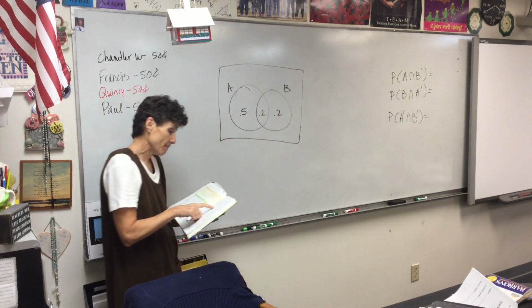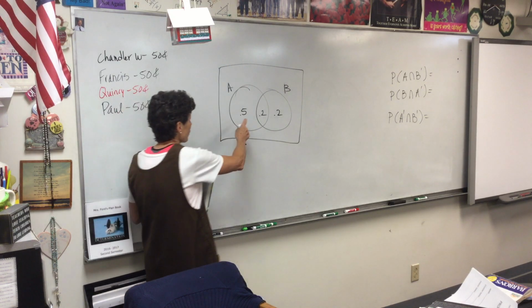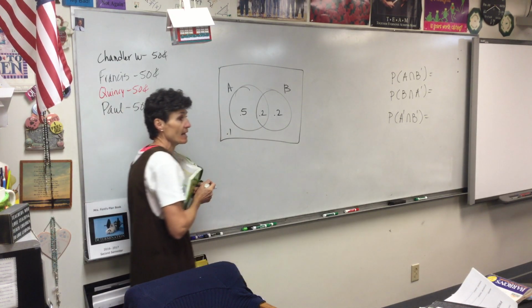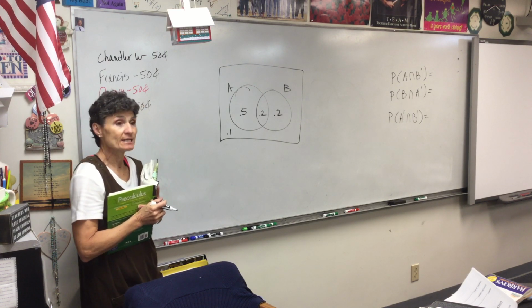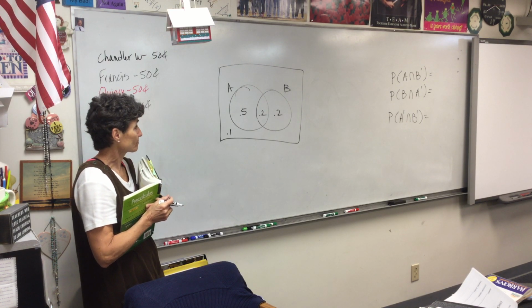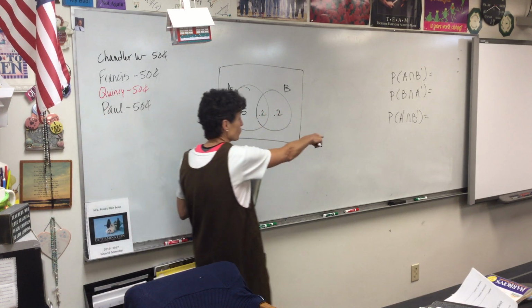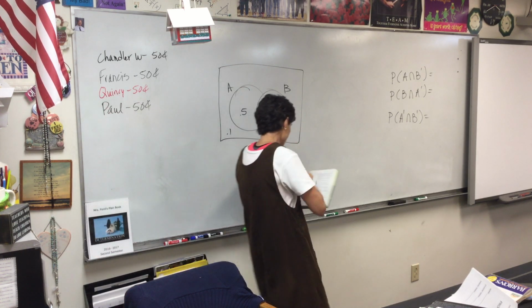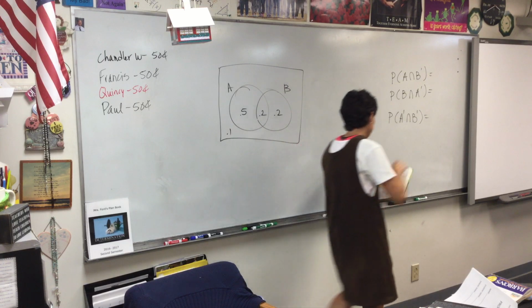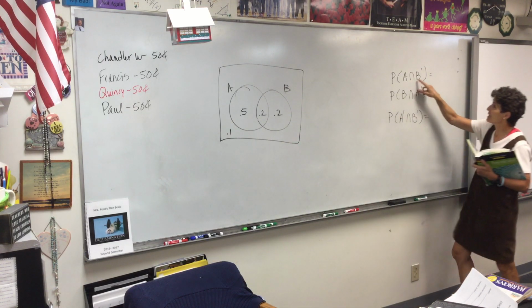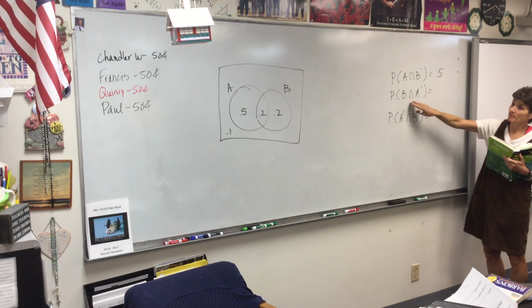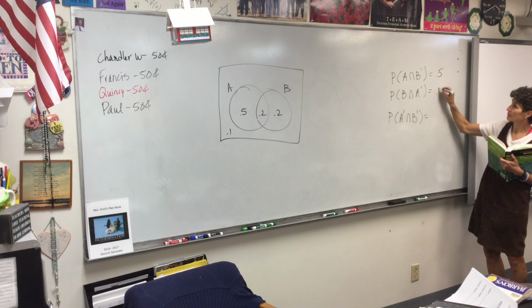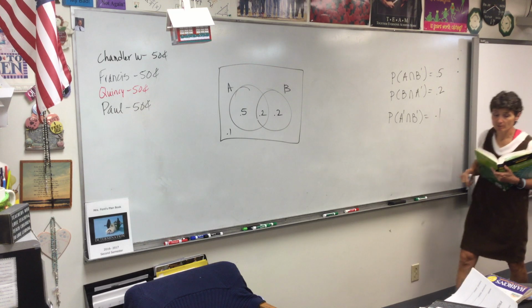That automatically means this is a 0.1, because in a probability problem, everything adds up to 100% or 1. So now we can answer these questions. The probability of A and not B, 0.5. The probability of B and not A, 0.2. And the probability of neither.